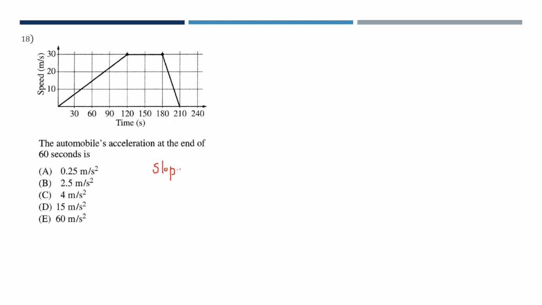Acceleration is the slope. So to find the acceleration during the first 60 seconds, we need to find the slope of this line. Slope is rise over run. The rise is definitely 15 and the run is 60 seconds. So 15 over 60 gives 0.25 meters per second squared.